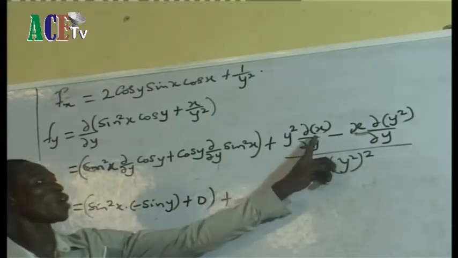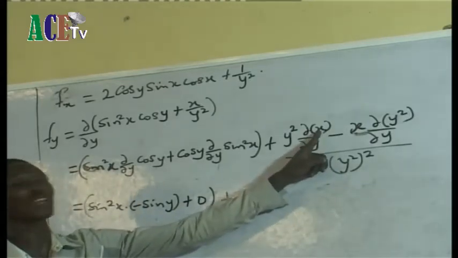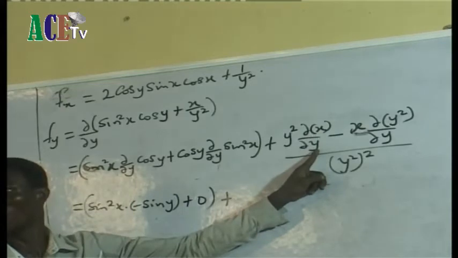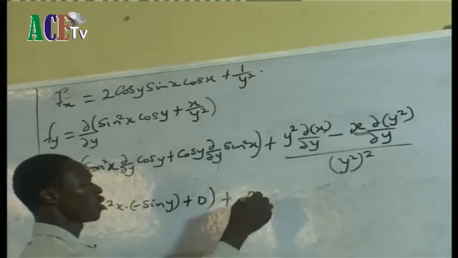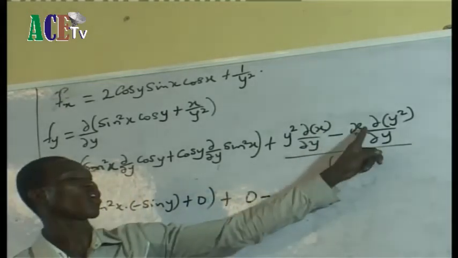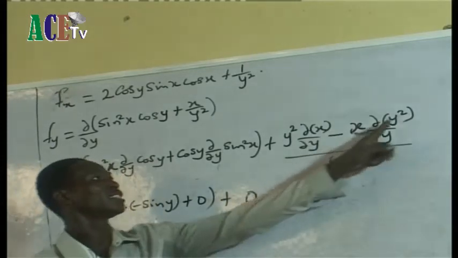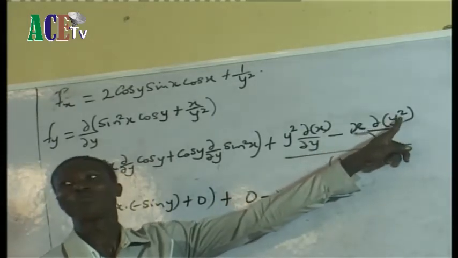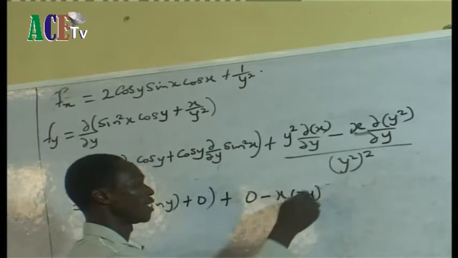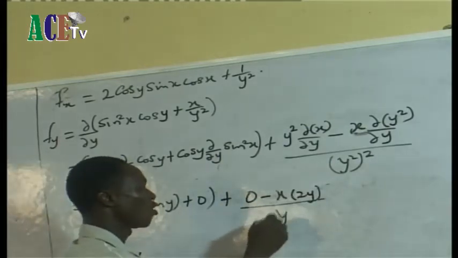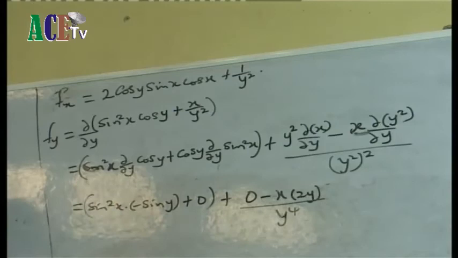Plus, I will come here, the derivative of x with respect to y will be 0. It will give me 0 minus, I will come here, it will be x, differentiate y square, give me 2y, everything over y raised to power 4.